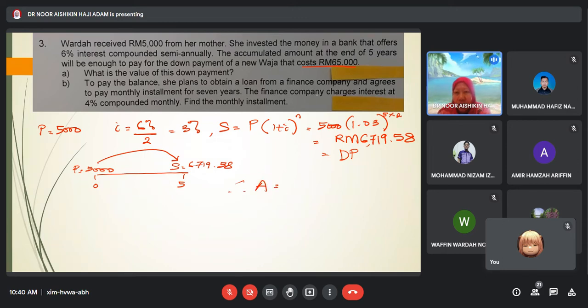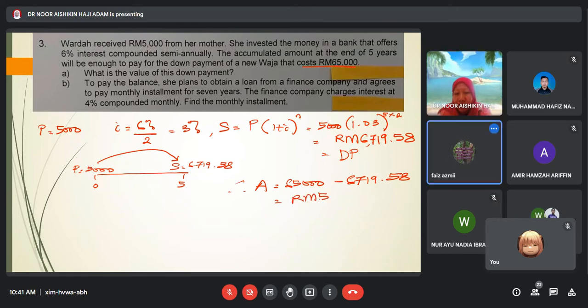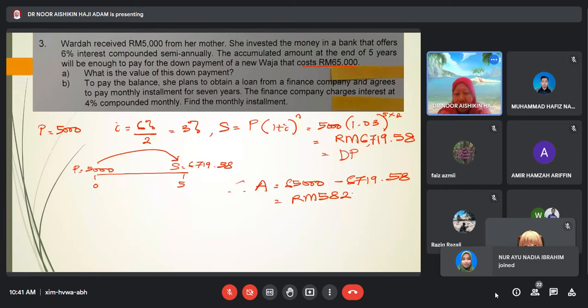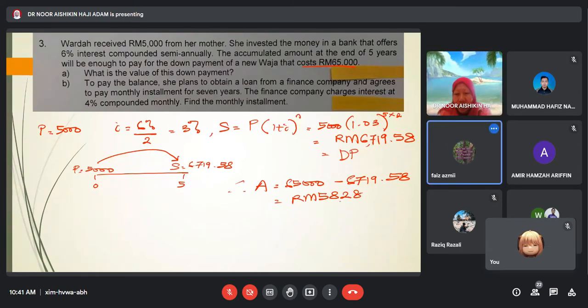A. That would be the cost price of the car, betul? Bukan cost price. Ni selling price of the car. So 65,000 ringgit minus the down payment, betul tak? Betul. So 6719.58. So how much is the loan amount? 58,280 and 4. 80.4. 80.40.